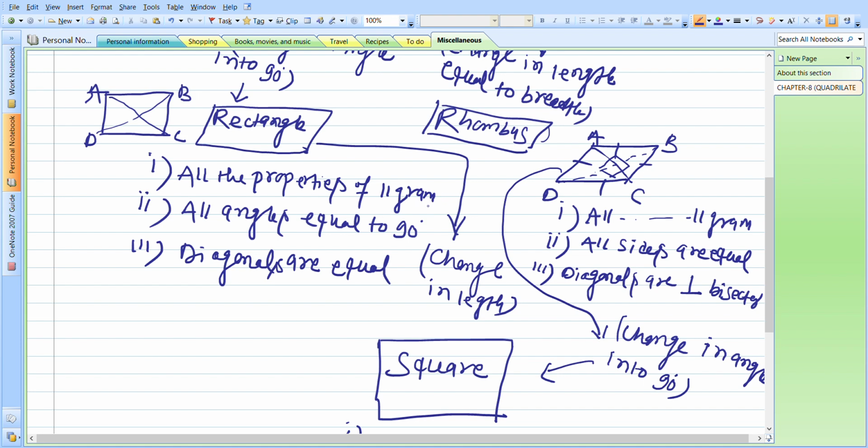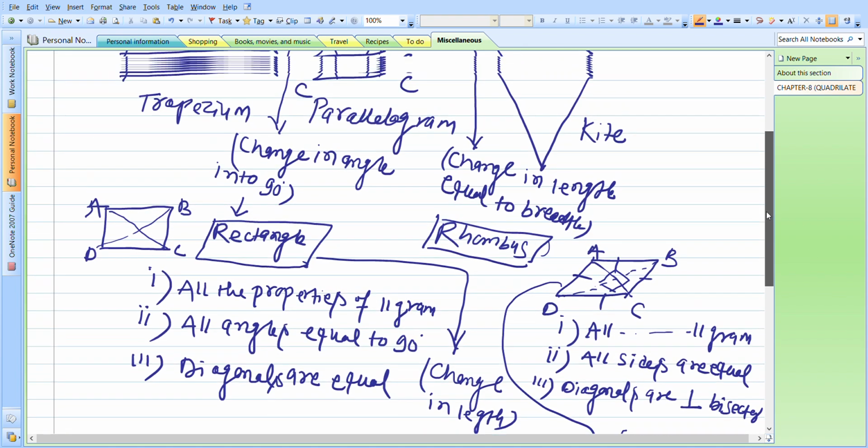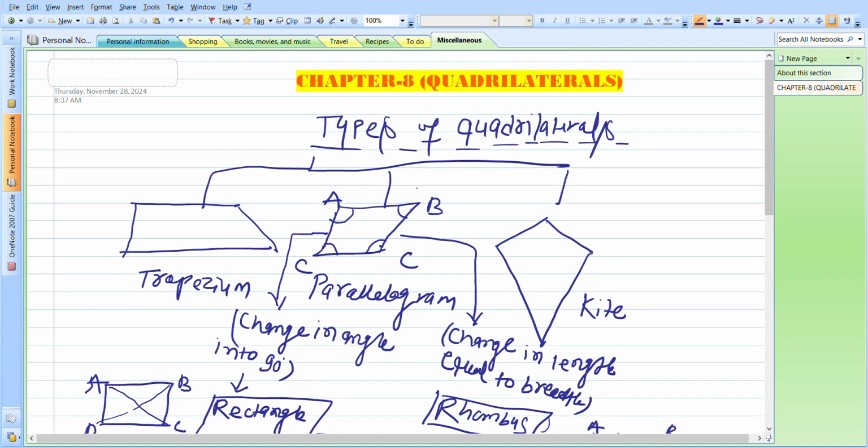So we have two methods to find the square: from the rectangle, and from the rhombus also. So this is the complete presentation about quadrilaterals.